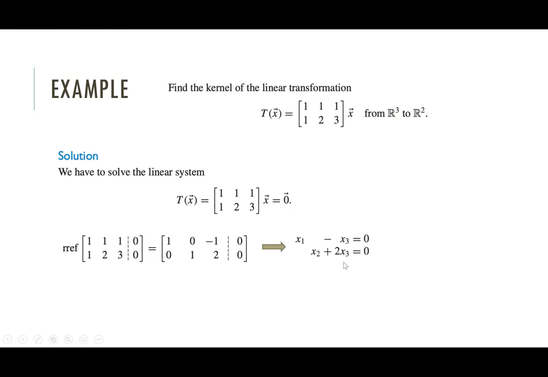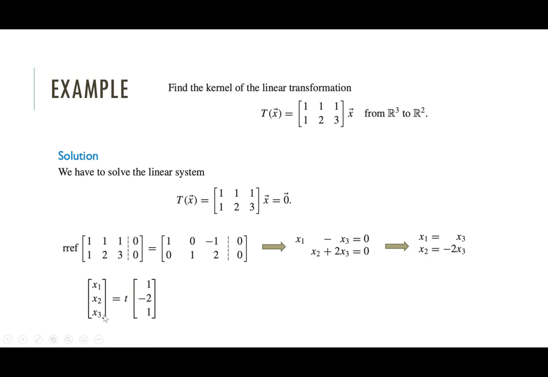And then let's solve for our leading variables, x1 and x2, and now we can parameterize or vectorize our solution set. I like vector form of solutions better than parametric form because it respects the geometry of the solution. And so we've found the kernel.